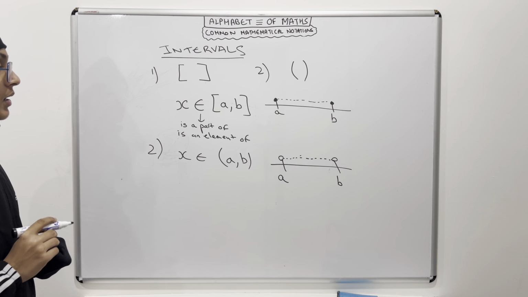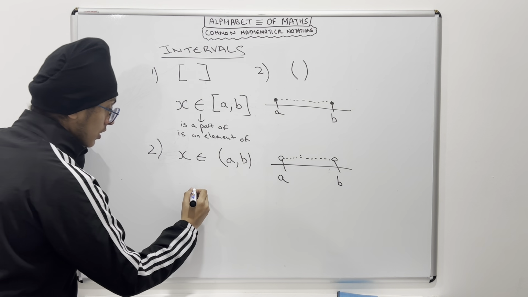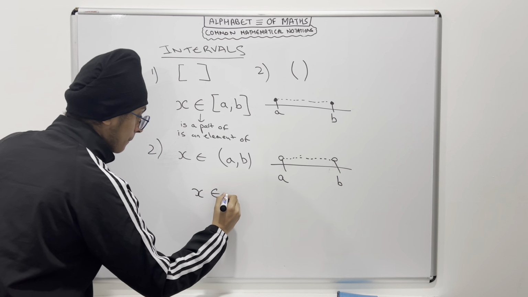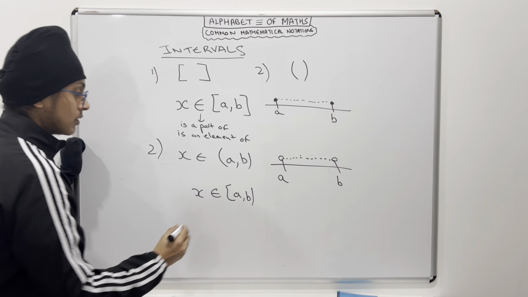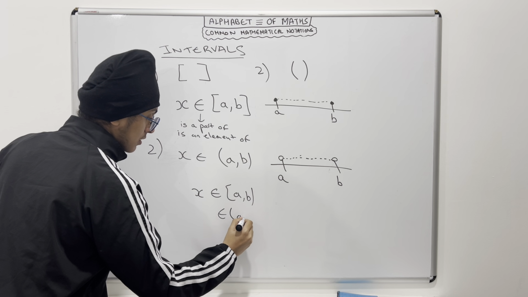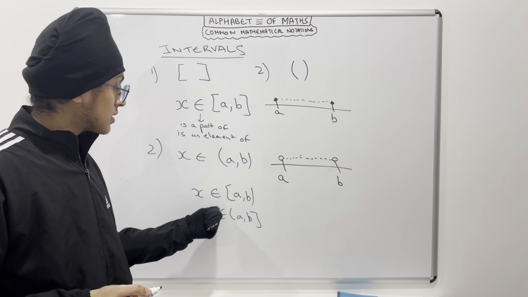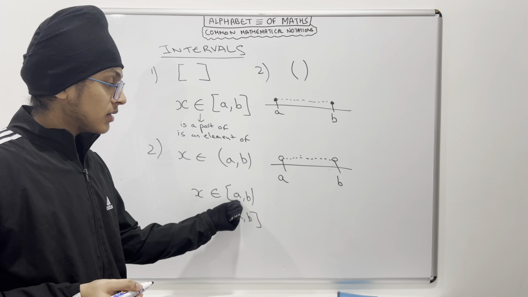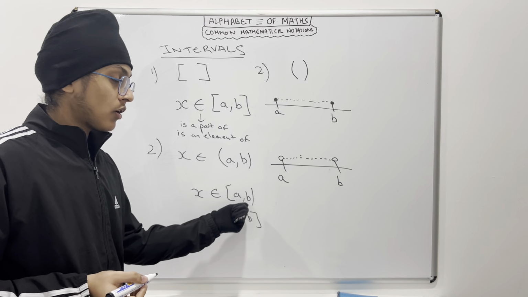Now there is another way in which we can combine these two. So another example would be, let's say x is like this, or is like this. So what this means is that x can be a, it can be any value greater than a, smaller than b, but it cannot be b.